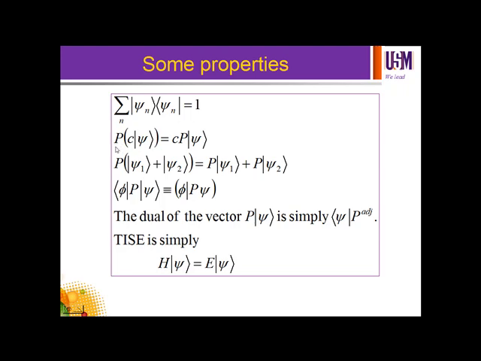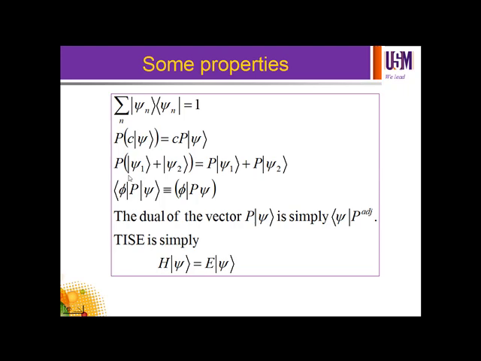Then if we have P, where P here is whatever constant or function we have, multiplied with C ket psi, then the C here can be brought out, so C P ket psi.